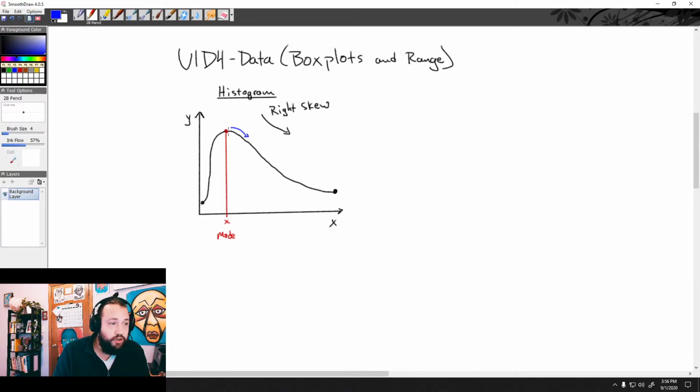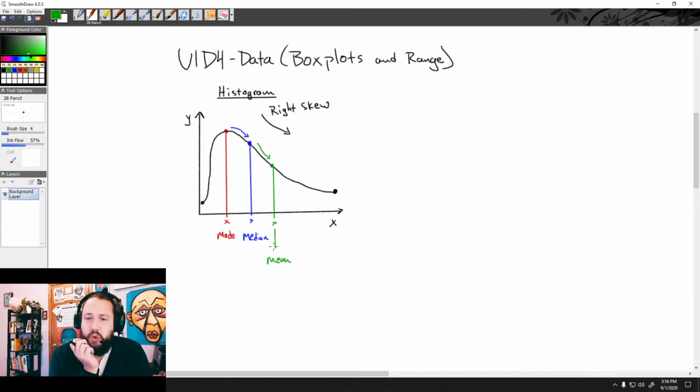Okay, my median used to be right here. It slides a little bit down the hill, so now my middle of the data is going to be here. So that would be this x value here for the median. And then my mean slides the most down the hill, okay? So that mean would be right here for this x value here, and that's my mean. That's a quick review of what we talked about last class.